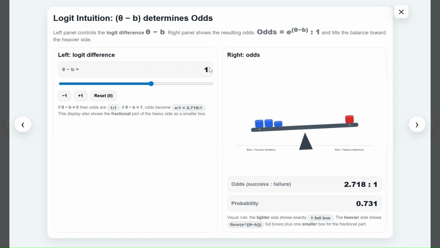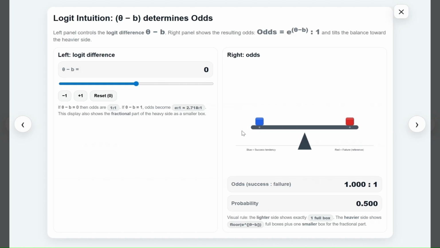This plus one logit increase will cause an increase in the odds ratio by a multiplication of e, the natural number e, which is approximately 2.718. So the odds ratio will increase from before, when it was 1 to 1 at the zero logit level, which was the difficulty of the item.